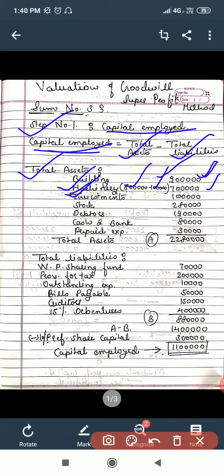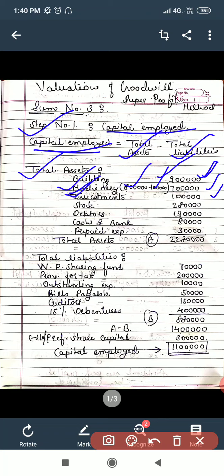But one more investment is there, that is shares in subsidiary company, rupees 1 lakh, and that investment we are going to consider because it is related to the business activity, and only business activities will form part of the valuation of goodwill.